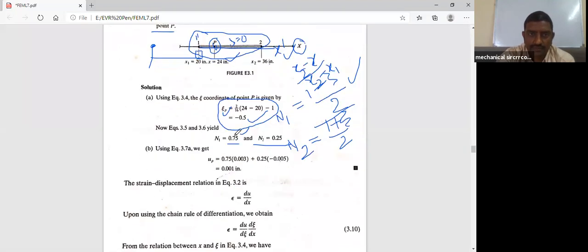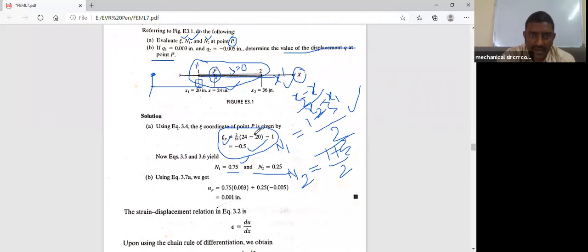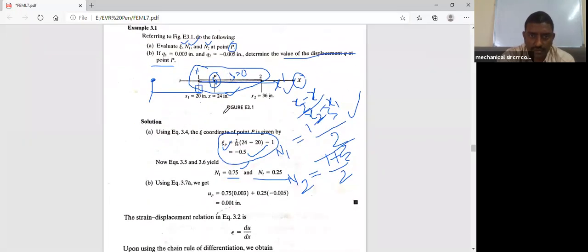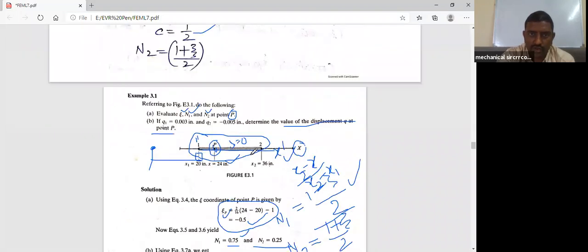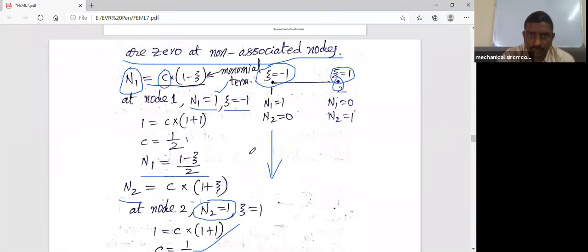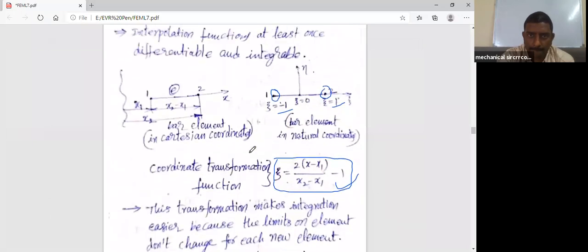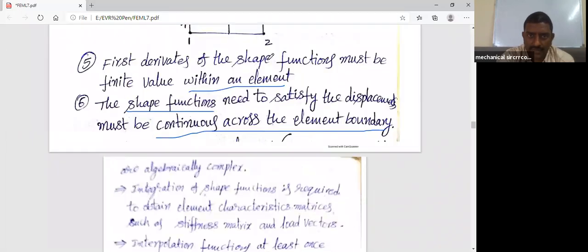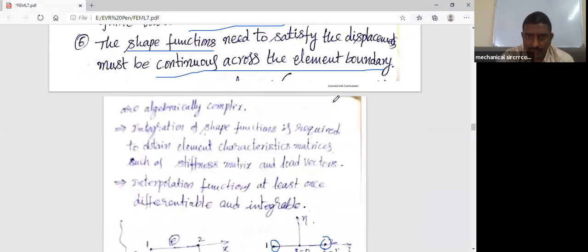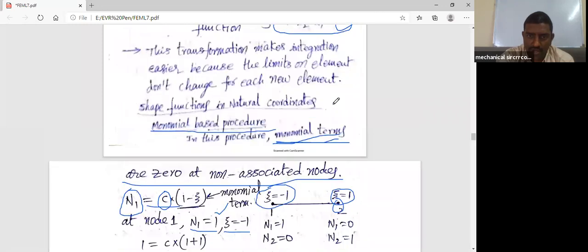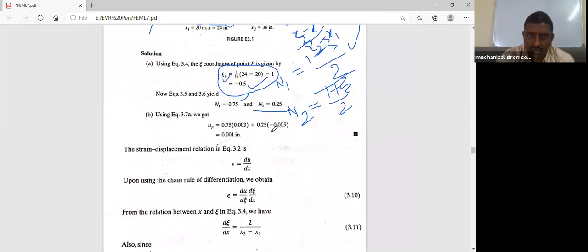Next, the deformation at the point P. You know the relation: U is equal to N1 q1 plus N2 q2. So U of x is equal to N1 q1 plus N2 q2. At point P, N1 is equal to 0.75 and N2 is equal to 0.25.